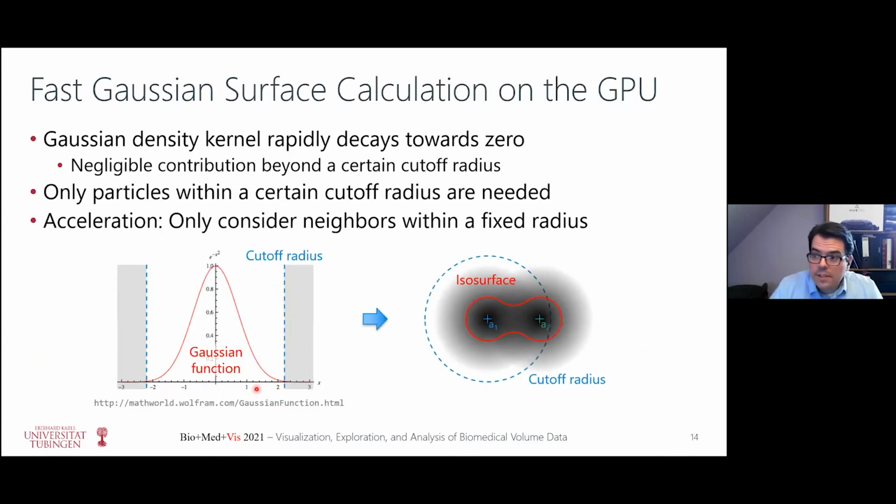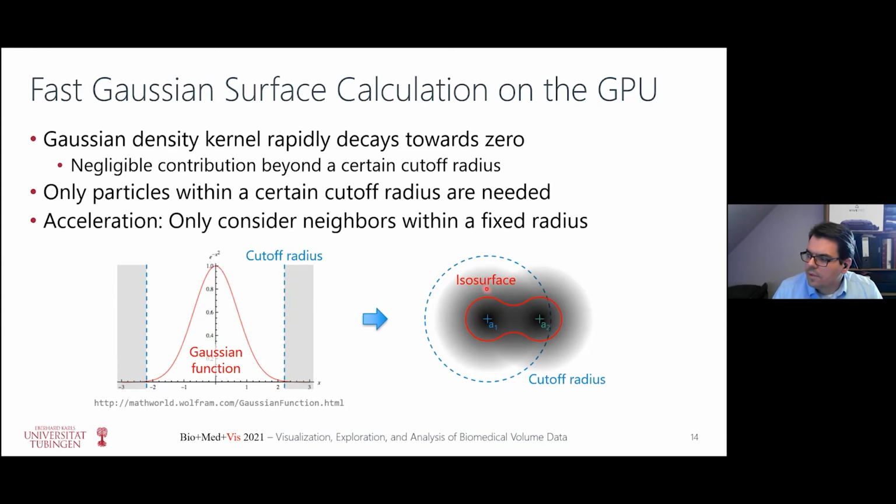Now, how do we compute this? In theory, of course, you might know that Gaussian density kernels are infinitely wide, but after a certain cutoff radius, the influence will be close to 0. So to speed this computation up, we can just define a cutoff radius, and we only have to take particles or atoms into consideration that are within this cutoff radius.